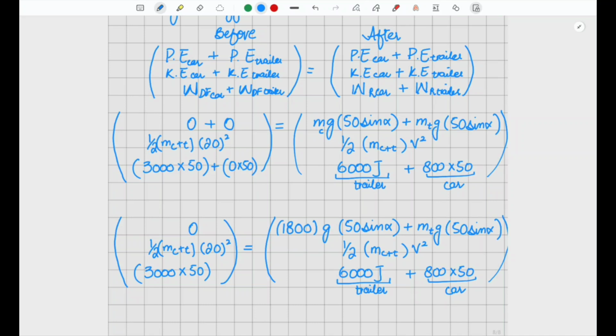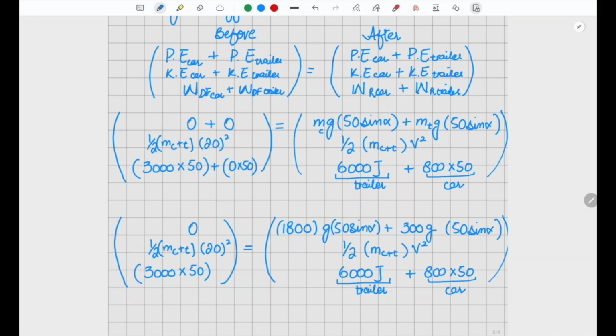This is the formula mgh, so 50 sine alpha, plus 300 g times 50 sine alpha for the trailer.